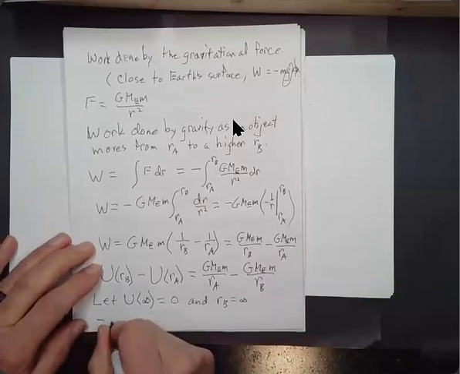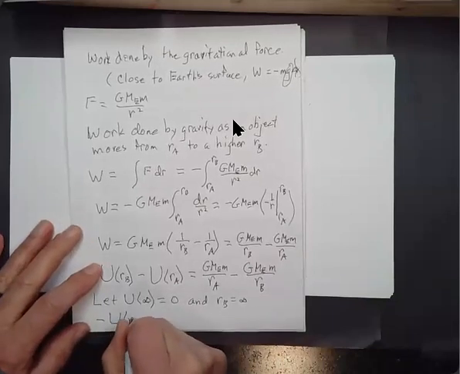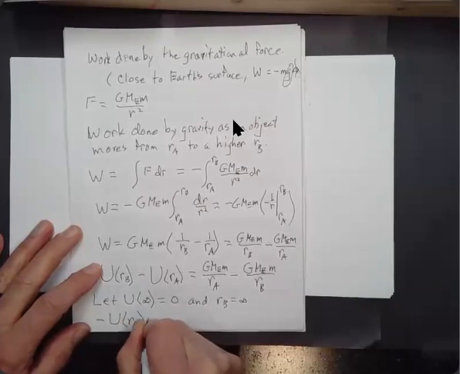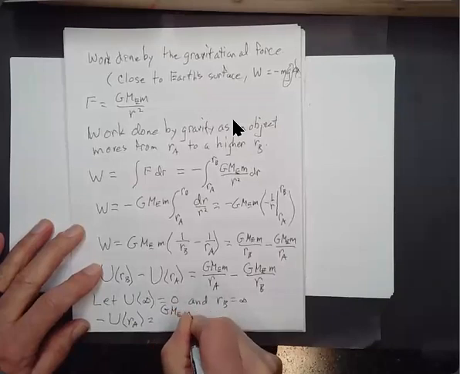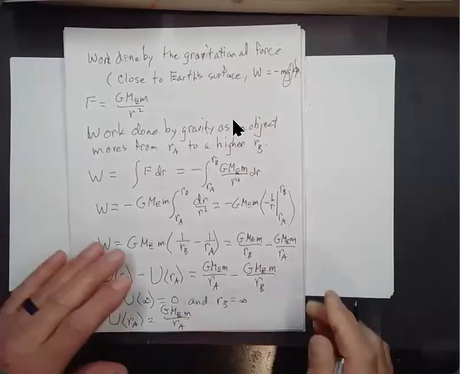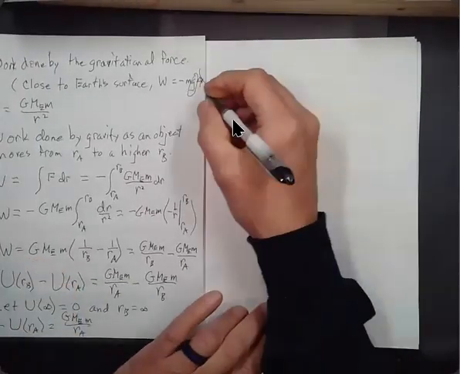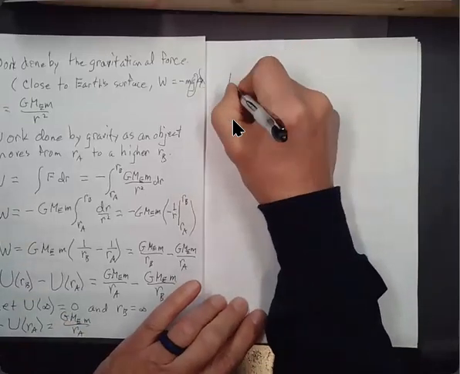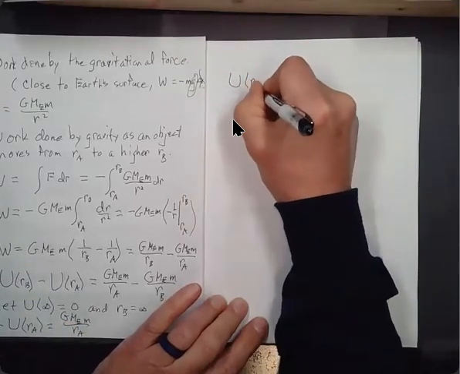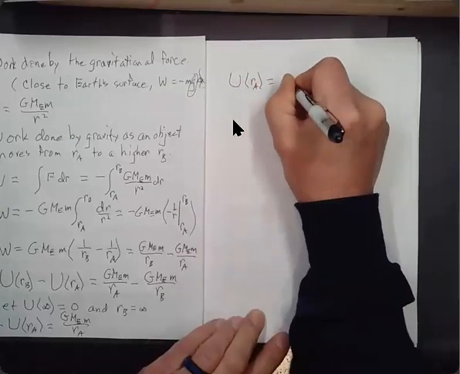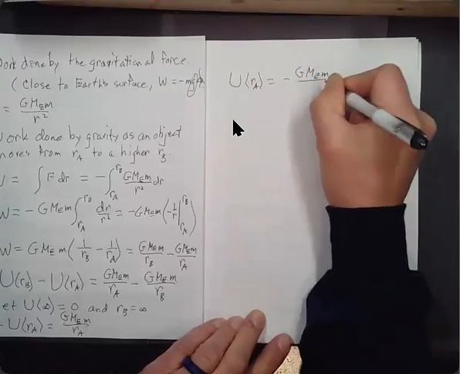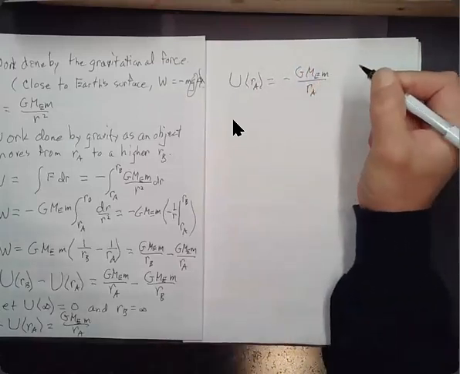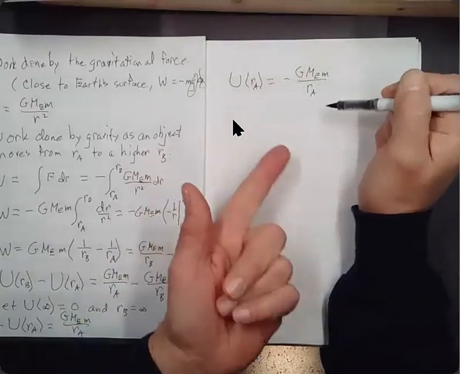So I'll have minus U of R sub A is equal to G times the mass of the Earth times the mass of the thing over R sub A. Or multiply both sides by -1, and I get U of R sub A is equal to minus G times the mass of the Earth times the mass of the thingy over R sub A. And I just picked R sub A arbitrarily.